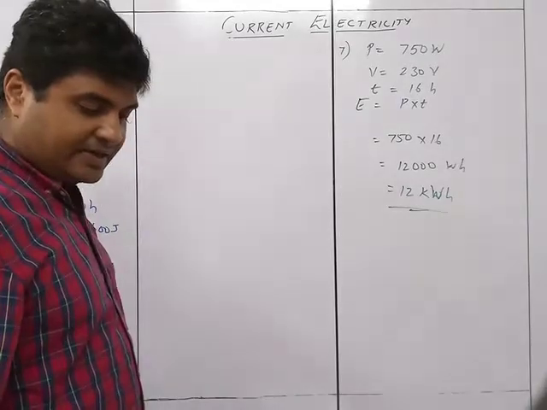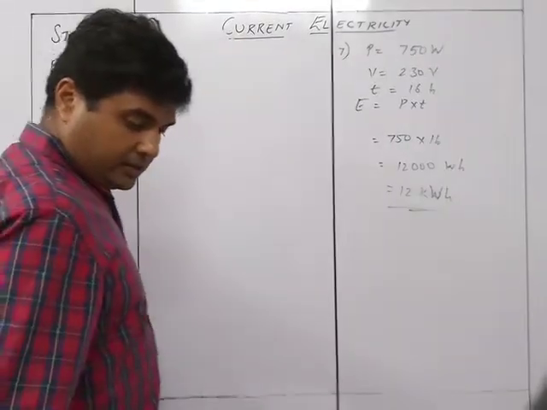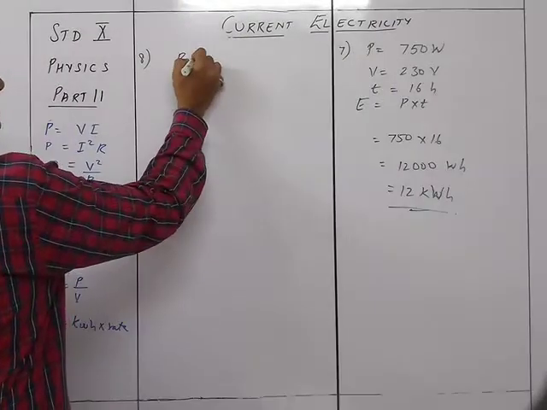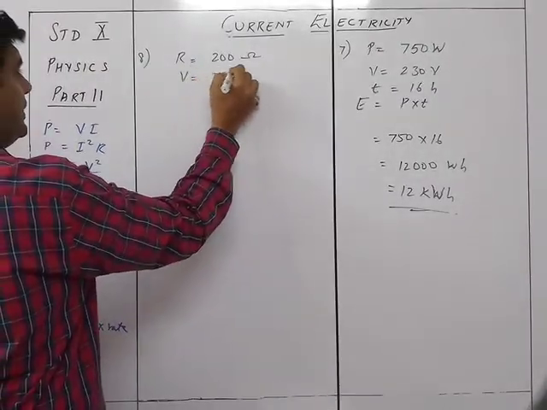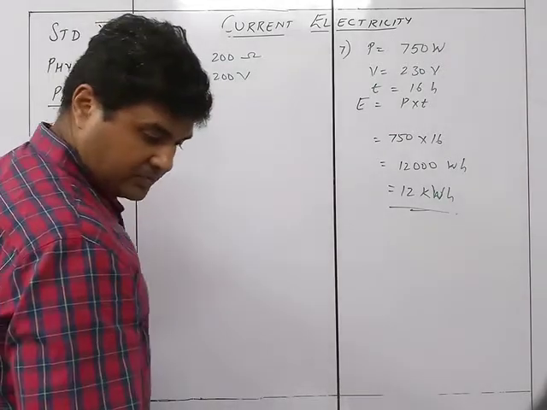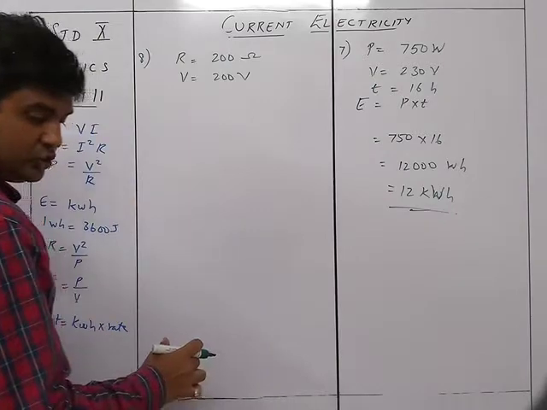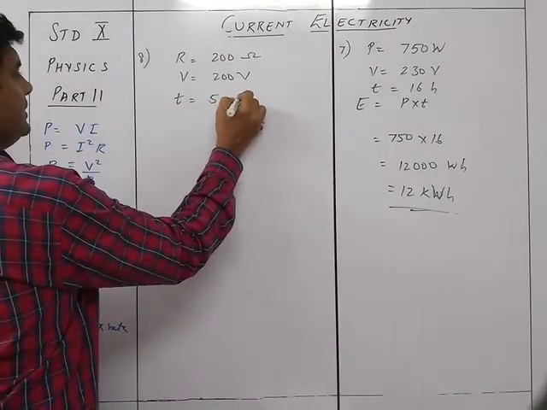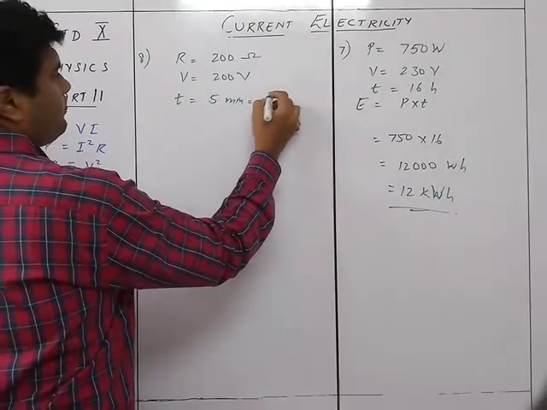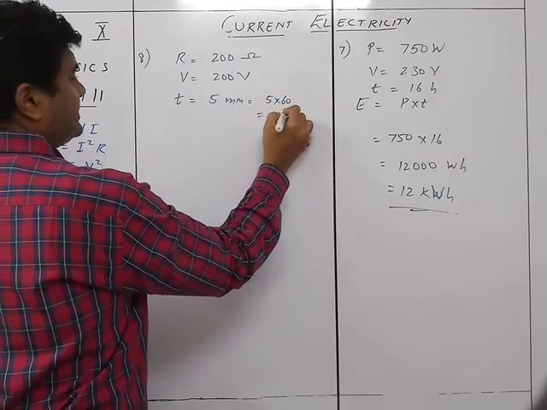Electric appliance has a resistance of 200 ohms and is operated at 200 volts. So resistance R is equal to 200 ohms, voltage is 200 volts, and we need the energy consumed in the appliance in 5 minutes, in joule and in kWh. So time is equal to 5 minutes, that is 5 into 60, which is 300 seconds.